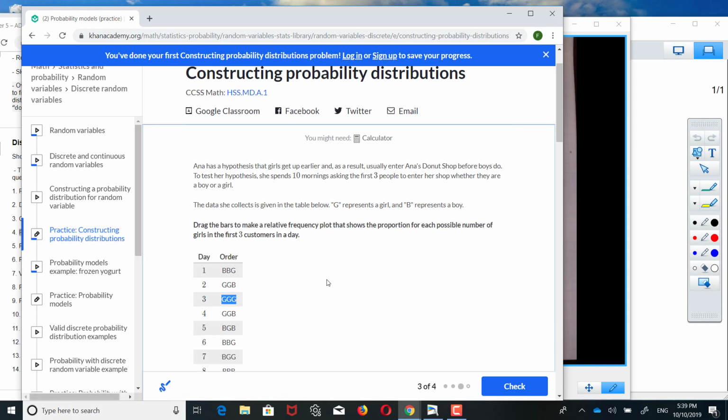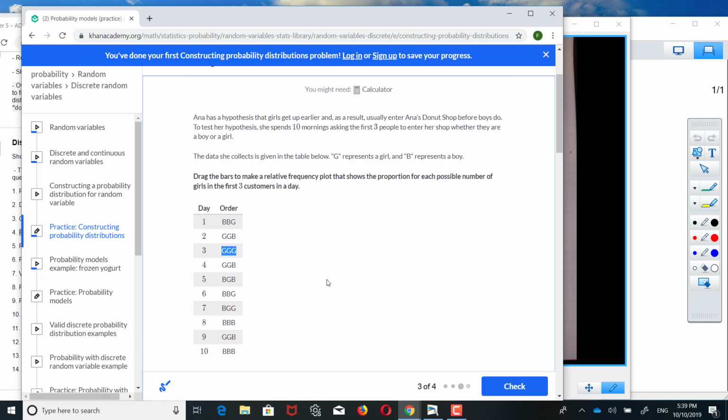So let's take a look at this problem. Anna has a hypothesis that girls get up early and, as a result, usually enter Anna's donut shop before boys do. To test her hypothesis, she spent 10 mornings, from day 1 to day 10, asking the first 3 people to enter her shop whether they are boy or girl.